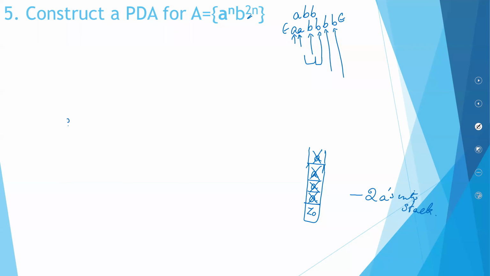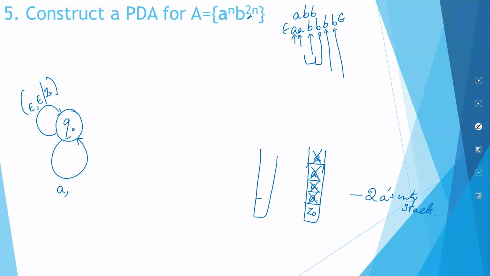We will be having an initial state called Q0. So you encounter epsilon. Now when you encounter epsilon, initially your top of the stack is epsilon. You will push in Z0 into your stack. Now let's say you will encounter an A in your input string. Okay, I'll start again from scratch.